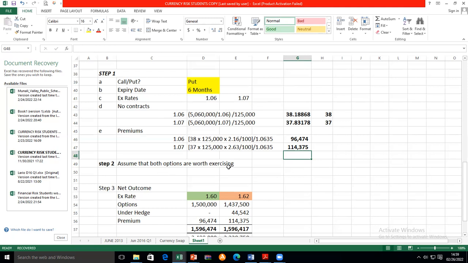Assume that both options are worth exercising, the 1.06 and the 1.07. So here we exercise how many? 38. So here we'll be able to convert how much?